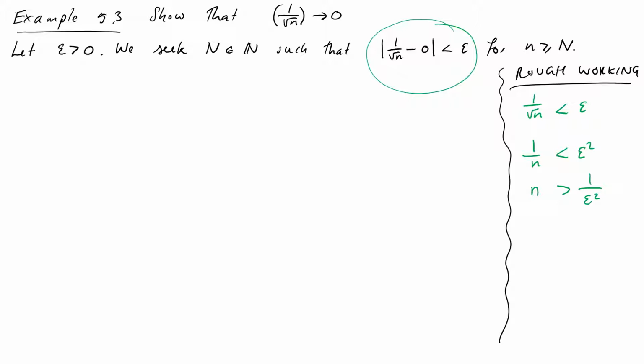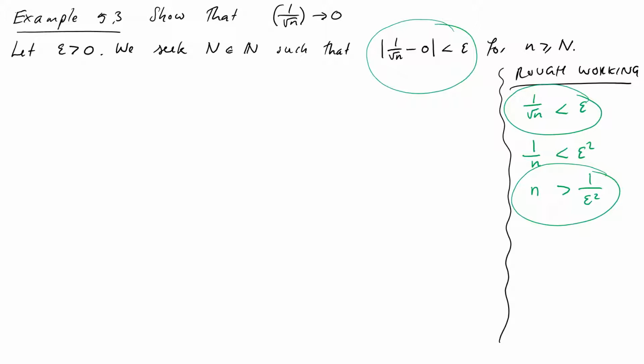These are all equivalent statements. We know n is positive, we know epsilon is positive, nothing weird's going to happen. So actually we're saying that this statement here is equivalent to this one here, and this is much closer to what we want.